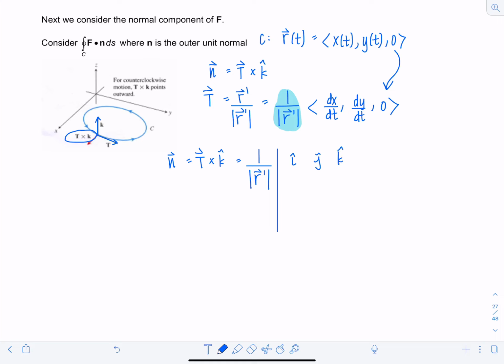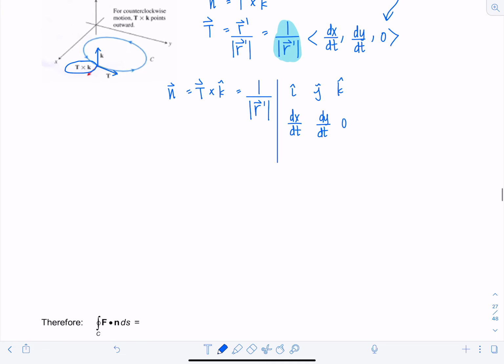Next row is going to be T, so that's dx/dt, dy/dt, 0. And then k hat has components 0, 0, 1. All right, very good. And then if we take this cross product, I'm going to have 1 over magnitude of r prime. Let's see, what are we left with?